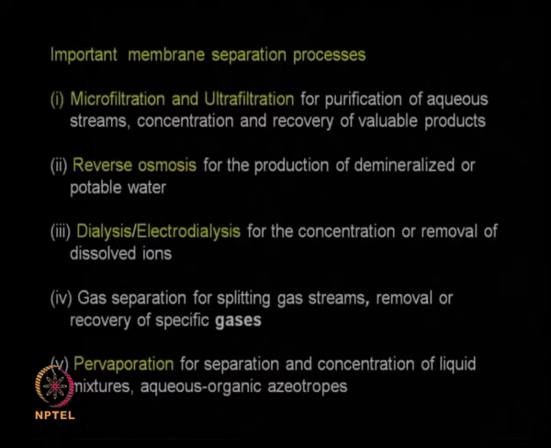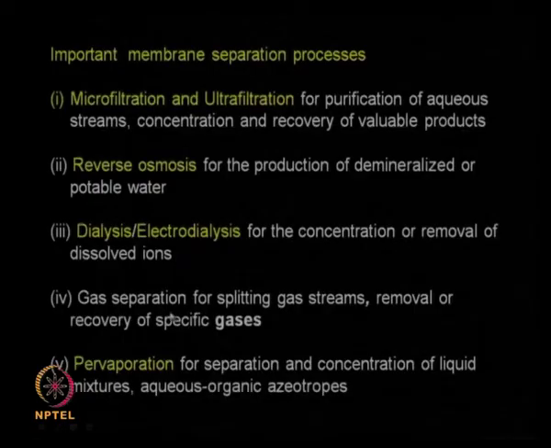Dialysis is used in hospitals where patients have problems with their kidney, where they are not able to separate out urea. Then we have electrodialysis, which works on the principle of using an electric field for separating cations and anions. Then we have the gas separation membranes for splitting gas streams based on the diffusion coefficient of the gases.